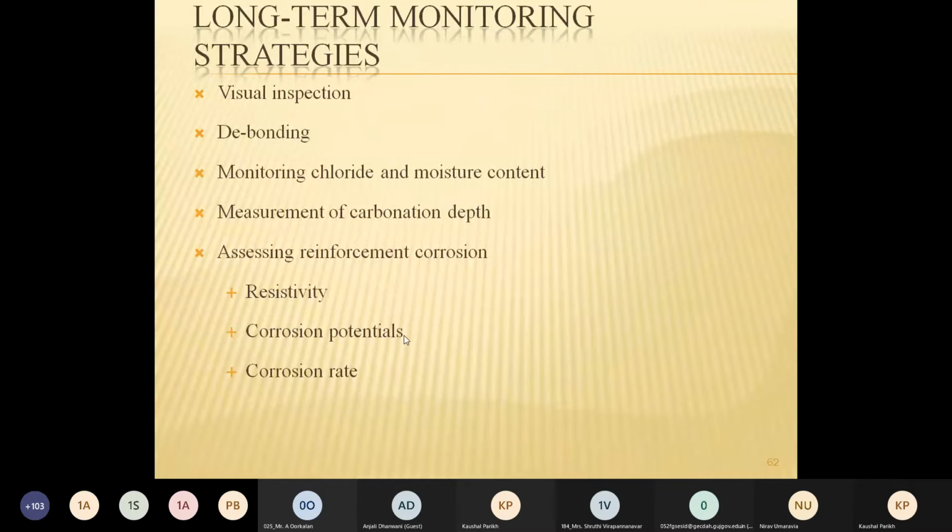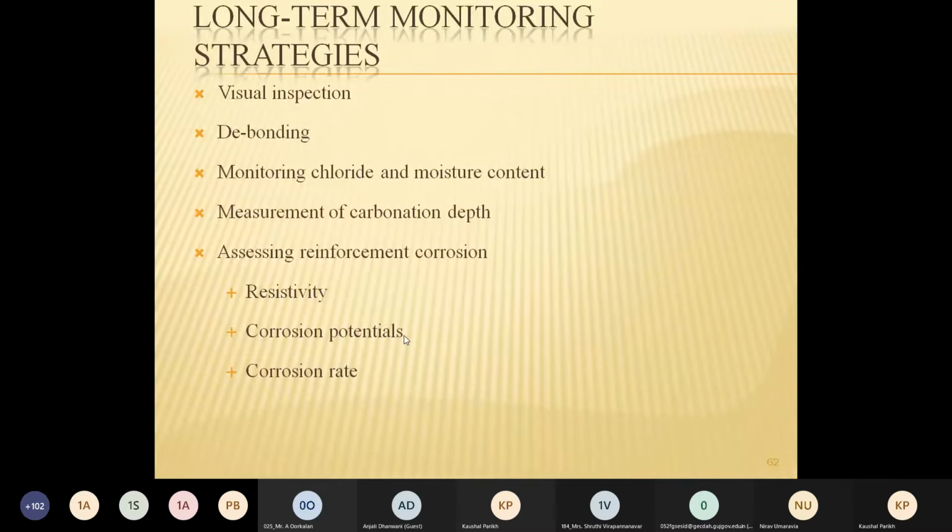In this visual inspection we also have to monitor the entering of chloride content and moisture content. It is also necessary in long-term monitoring to measure the carbonation depth, and reinforcement corrosion assessment should be required.